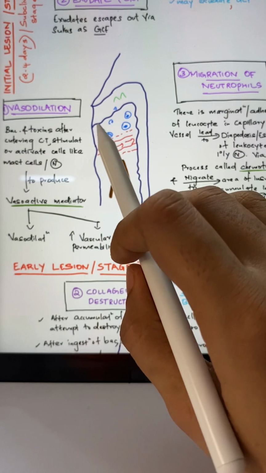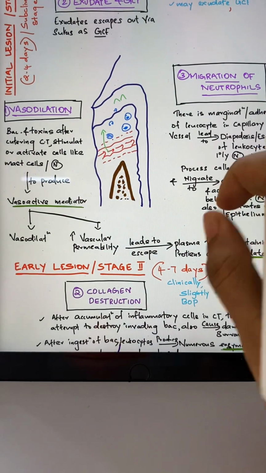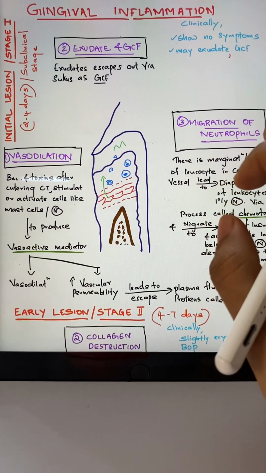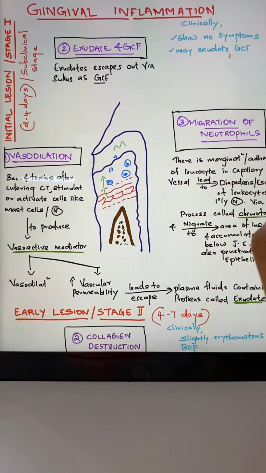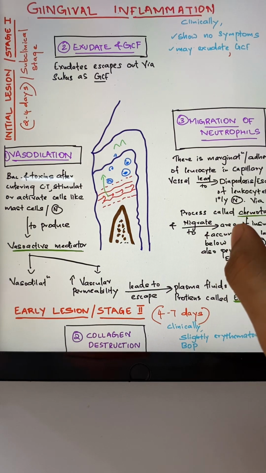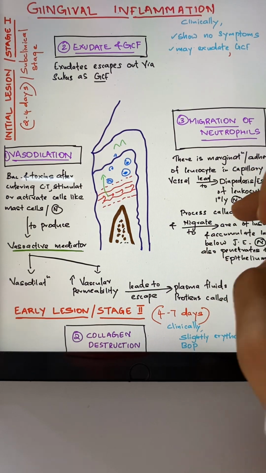These neutrophils also penetrate the epithelium. So all these features can be seen in the initial stage. Clinically we cannot see any symptoms, we may see some exudate or gingival crevicular fluid. So this is the initial stage.